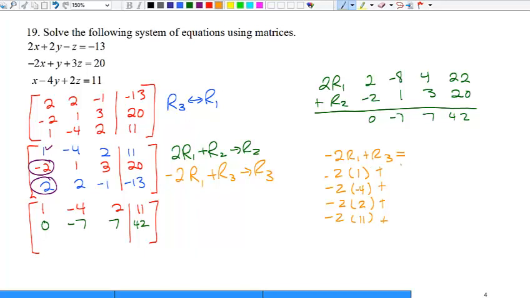And then row 3, because I'm doing row 3 this time, is 2, 2, negative 1, negative 13. And then when I work it out horizontally, I get 0. And the next one I get positive 8 plus 2 is 10. Negative 2 times 2 is negative 4, minus 1 is negative 5. Negative 2 times 11 is negative 22, minus 13 is negative 35.